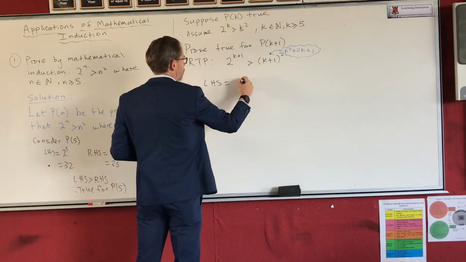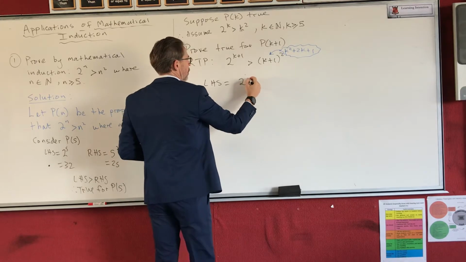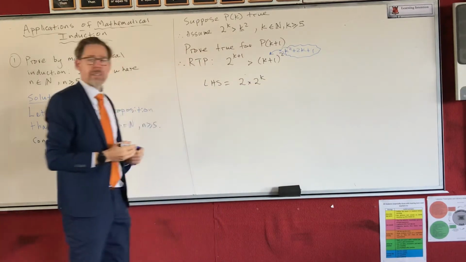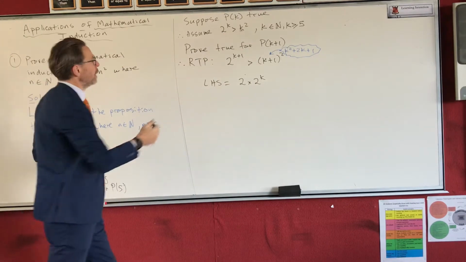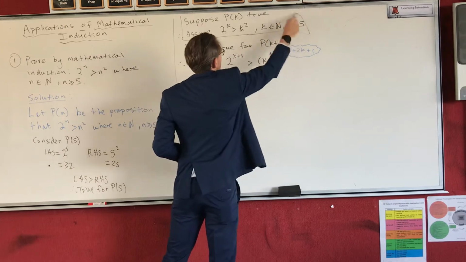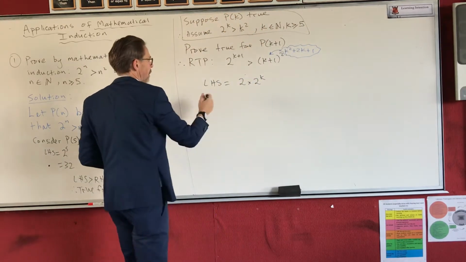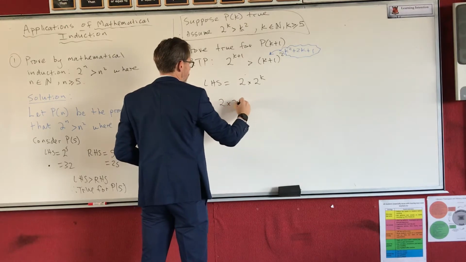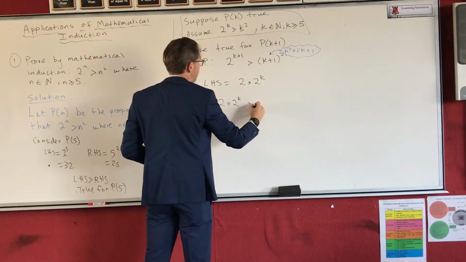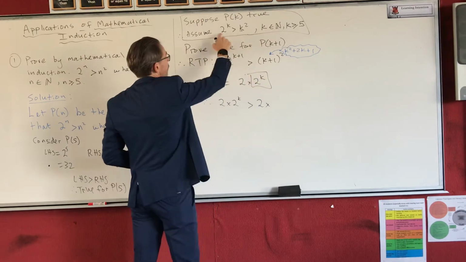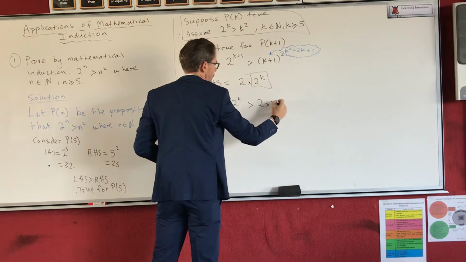Left hand side is equal to 2 times 2 to the k. Now look at our assumption here. We can say, therefore, 2 times 2 to the k is greater than 2 multiplied by, now this is our assumption here, k squared, since 2 to the k is bigger than k squared.